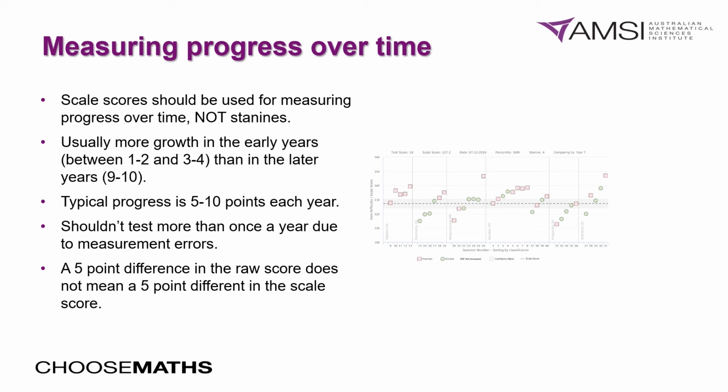It does suggest that you don't test more than once a year due to measurement errors. For new students, there are reasons why you would maybe test more than once a year. Just keep in mind that there could be measurement errors. And once again, reiterating, a 5-point difference in the raw score doesn't mean a 5-point difference in the scale score. Hope I'm getting that message across.